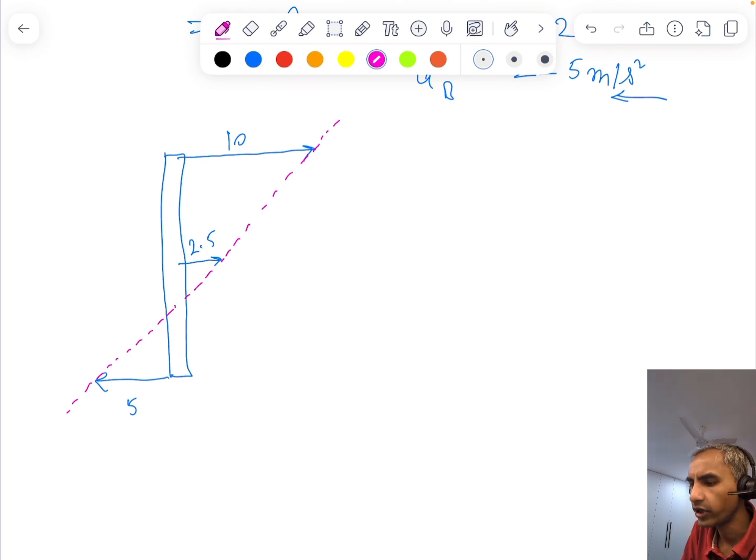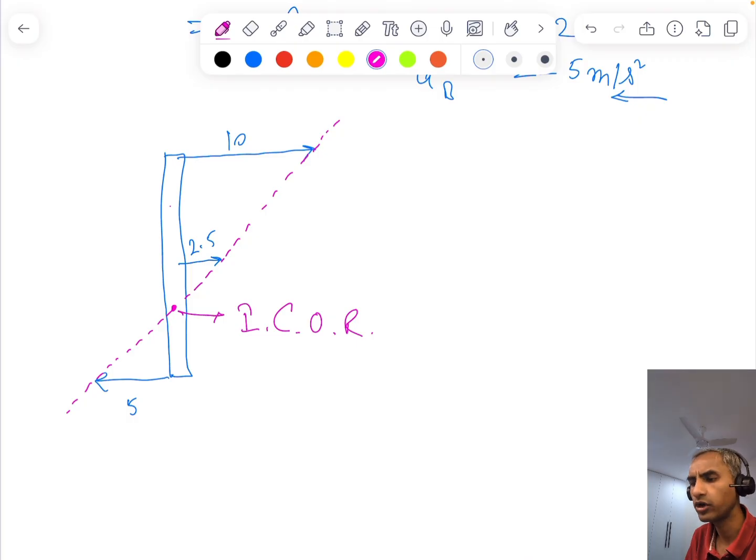And secondly, this point is actually what is called the instantaneous center of rotation, meaning that about this point the complete body is undergoing pure rotation. This point is instantaneously, that is at that particular instant, at rest. It does not have any velocity, and the whole body is undergoing pure rotation about this point.